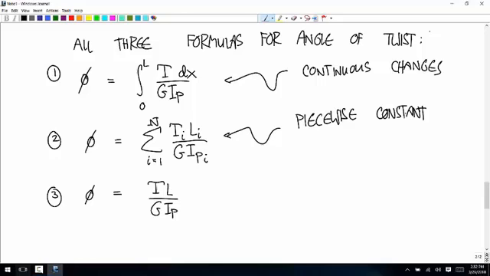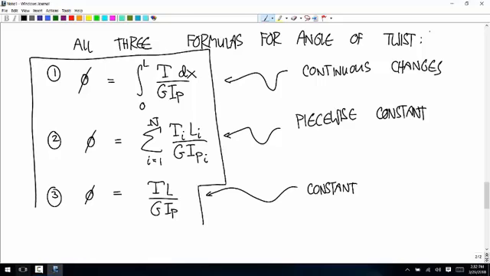You could have something that's like steel at one point and then wood at the other point, and then you would make that change there. I'm still not writing an I there, though. Am I? No. And then this one if everything's constant. Any questions about that?